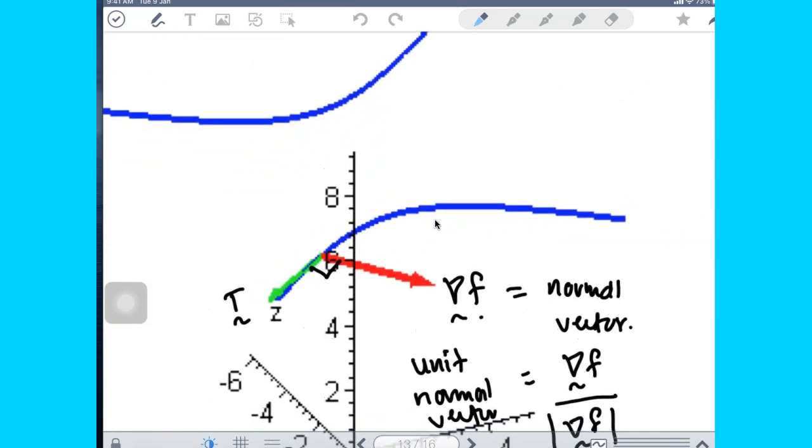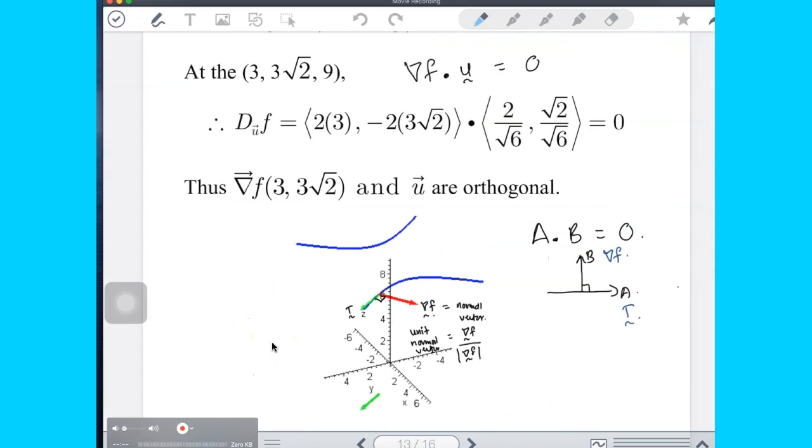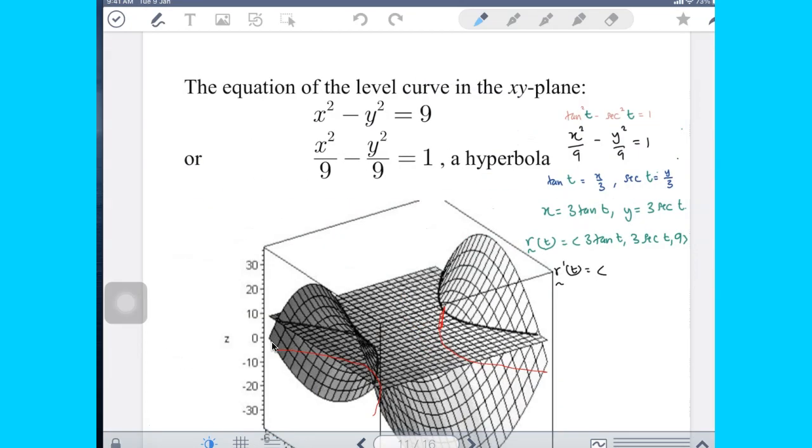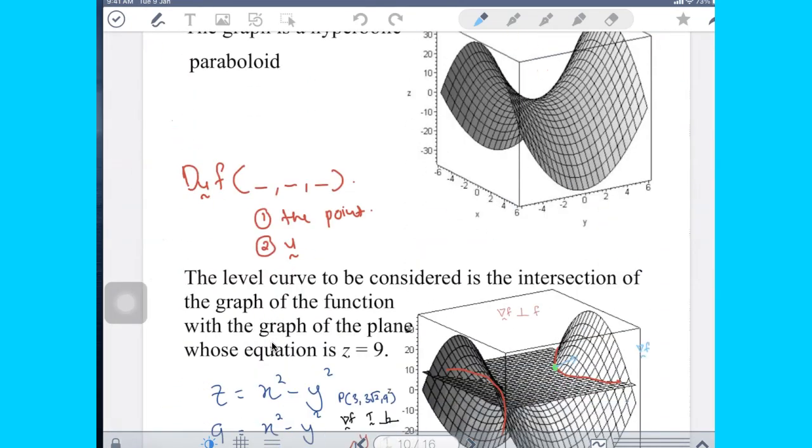You can't see it in 3D because this is just sketched as a curve, but it is actually part of the surface. Imagine there is a surface here, and the gradient f here is always perpendicular to the surface f, which is this one.